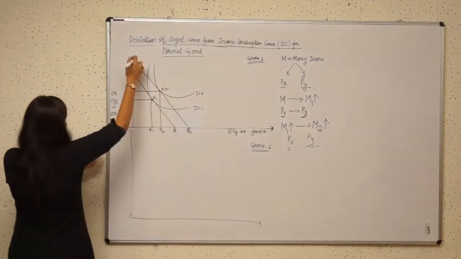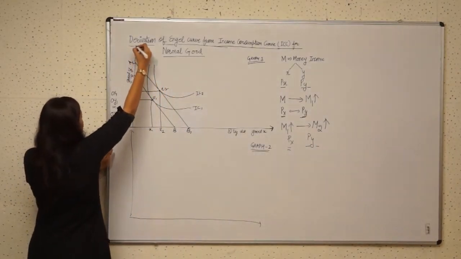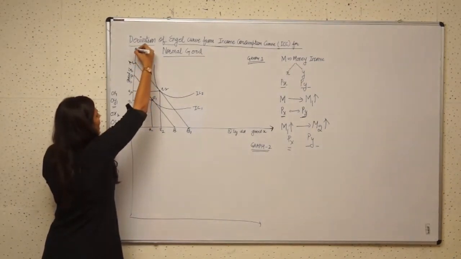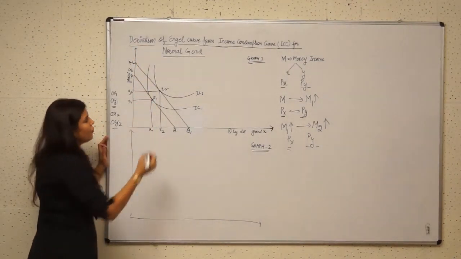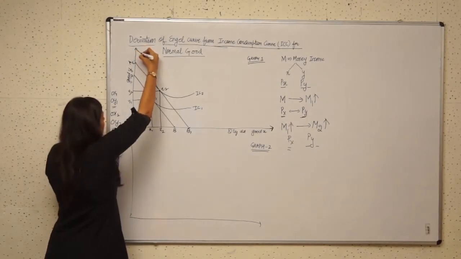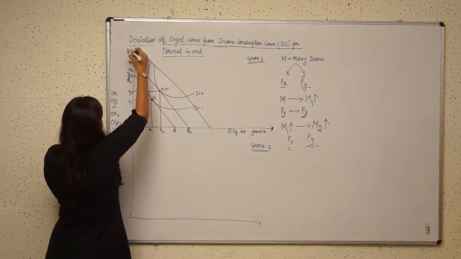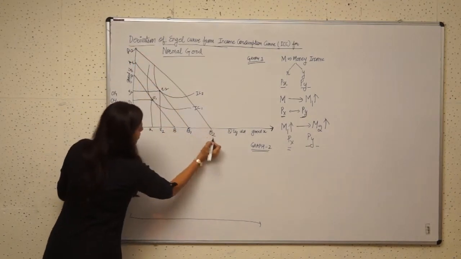Now again there will be a parallel shift in the budget line from A1B1 to A2B2.